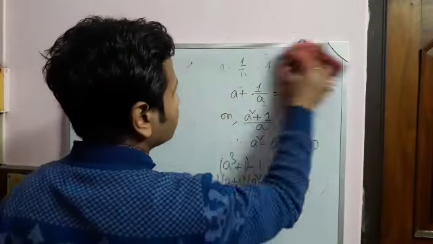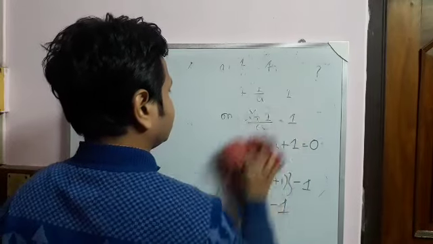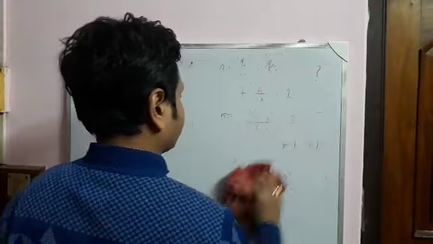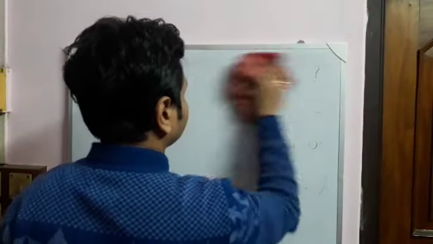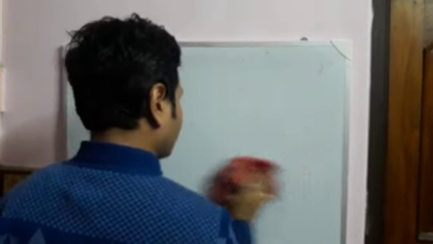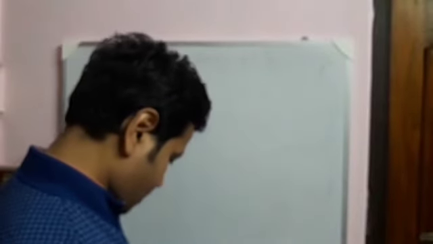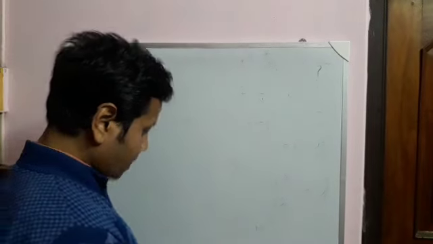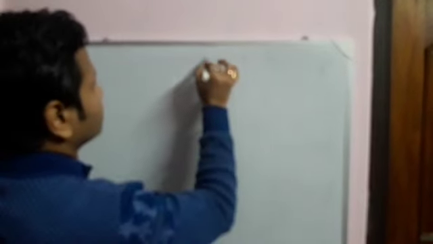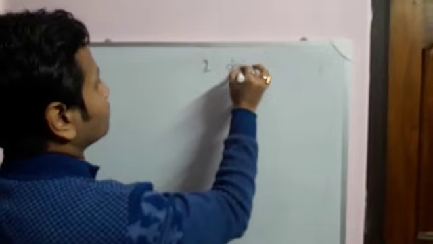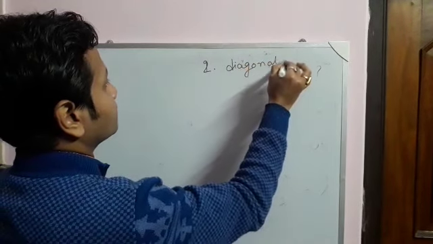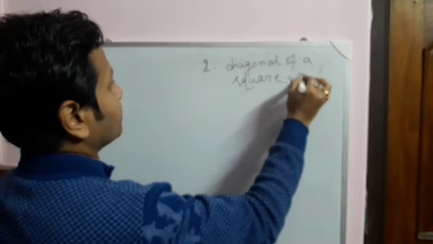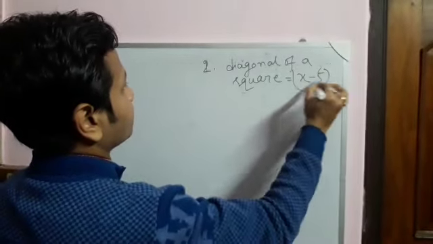Now his second problem is that the diagonal of a square is given as x minus 5 centimeter.